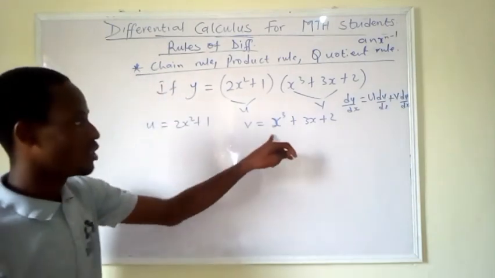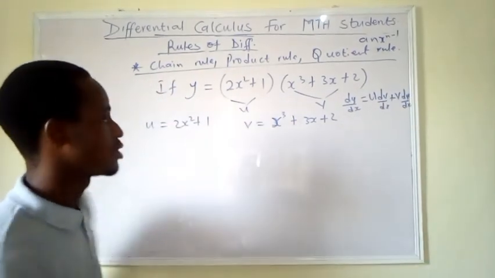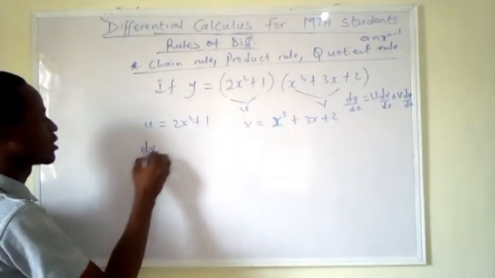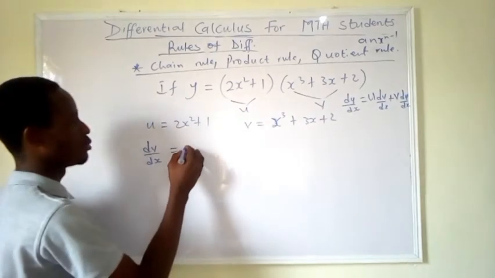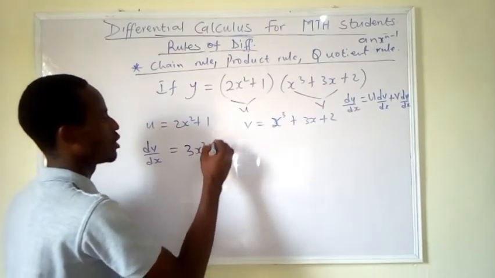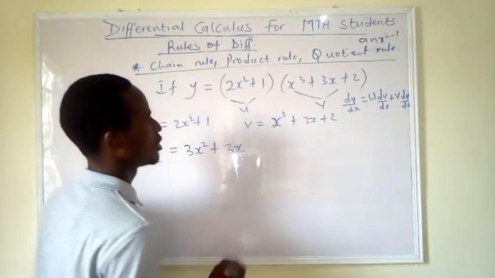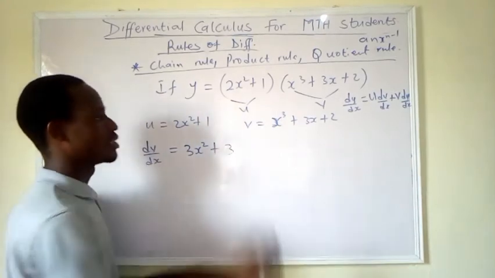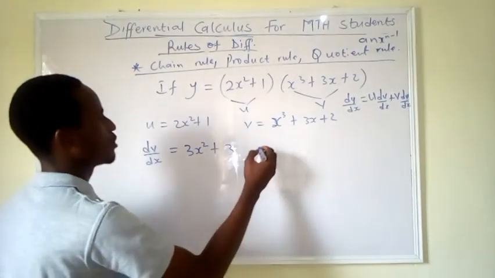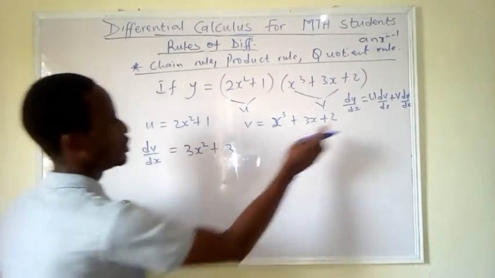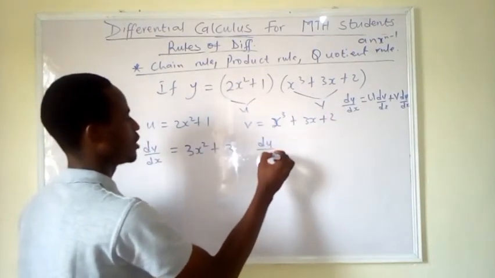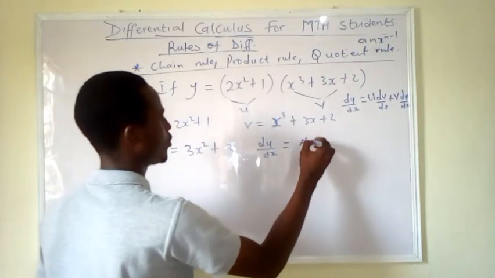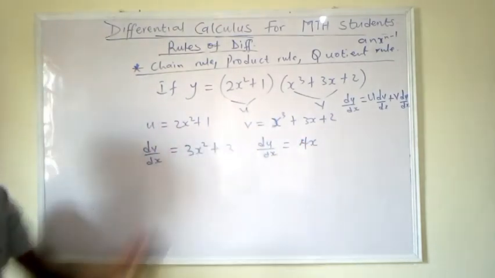dv/dx will be the derivative of v with respect to x. So dv/dx will be the derivative of the individual terms here, which is going to be 3x squared plus 3, as the derivative of 2 is 0. Then we have du/dx, which is the derivative of u, and du/dx is going to be equal to 4x, as the derivative of 1 is 0.